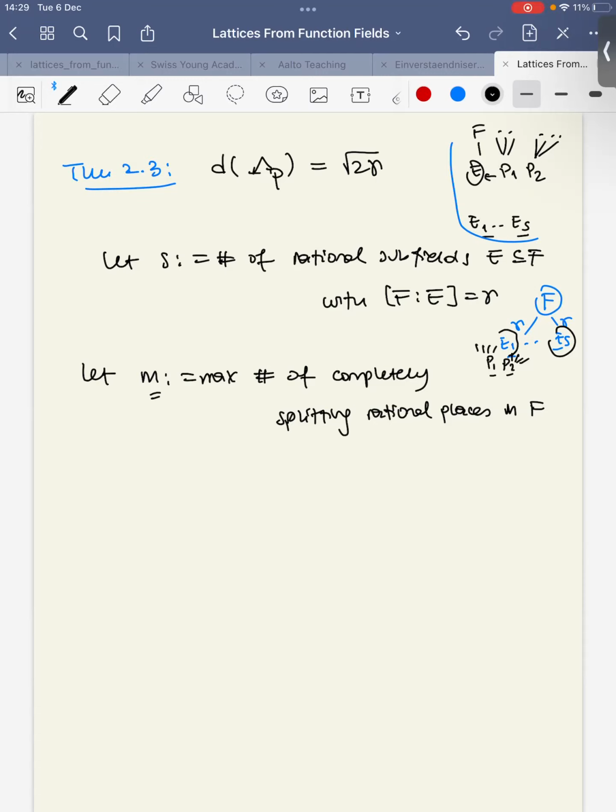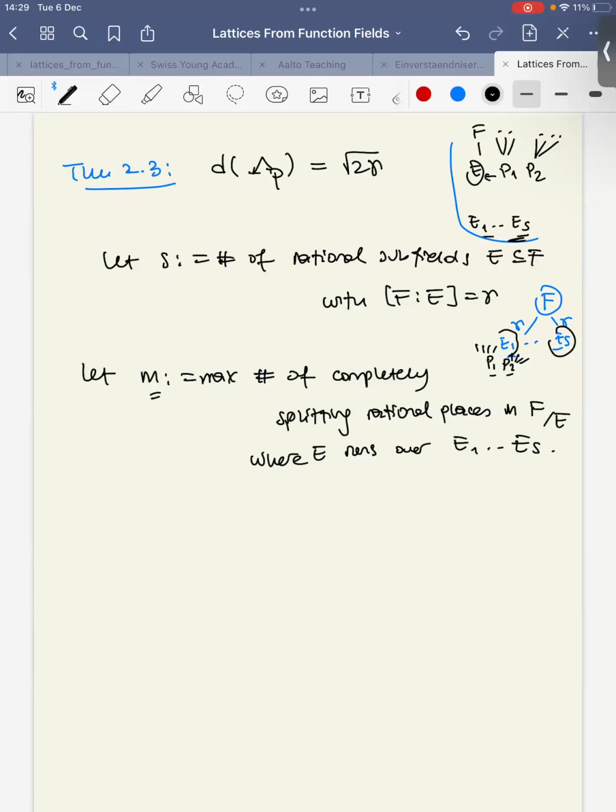Rational subfields in F over E, where E runs over the rational subfields with extension degree exactly gonality.